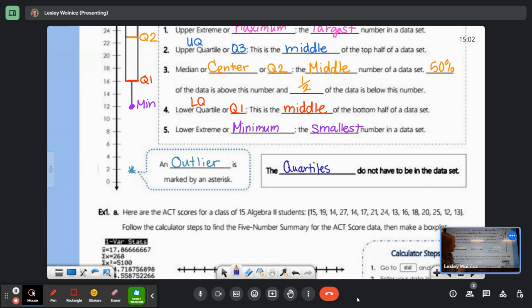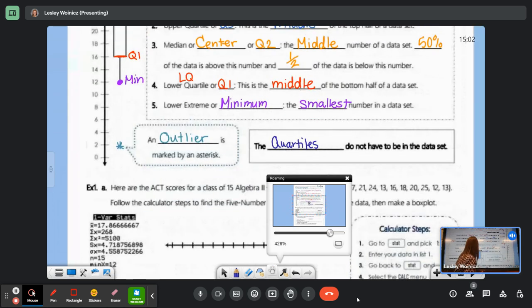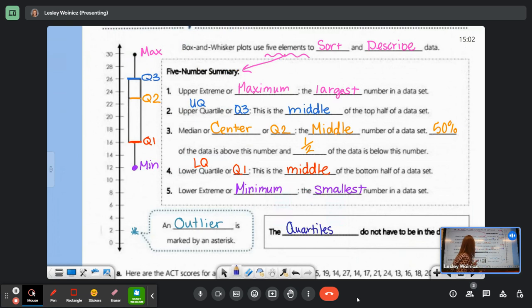Okay. All right, we got to label a little bit more on our box plot over here on the side. Okay, just for the video, because we already talked about this, but 25% of our data is going to fall between the max and the third quartile.